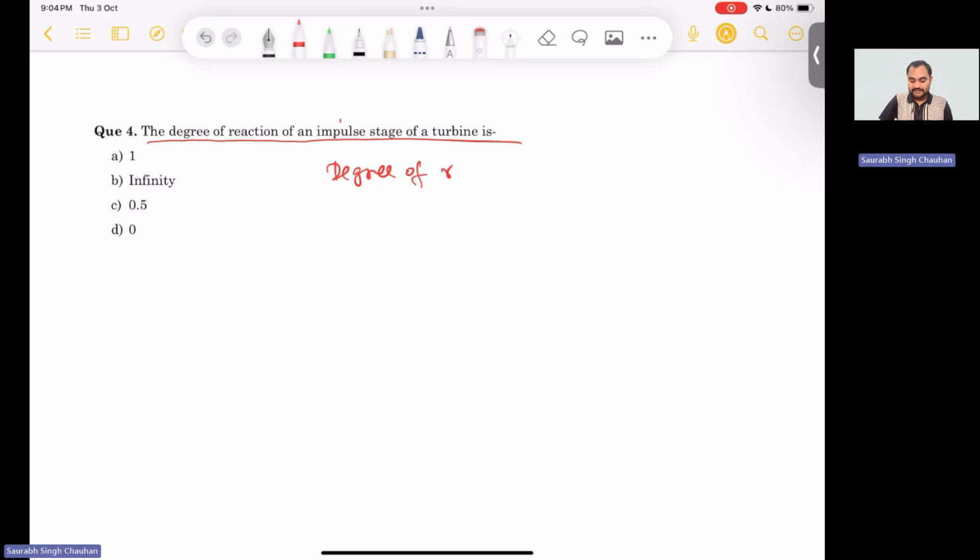The degree of reaction is the fraction of enthalpy change that takes place in the rotor. So enthalpy change in the rotor or moving blades divided by the total enthalpy change. Okay, so this fraction is called the degree of reaction.